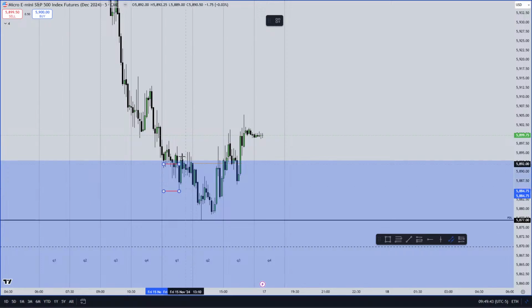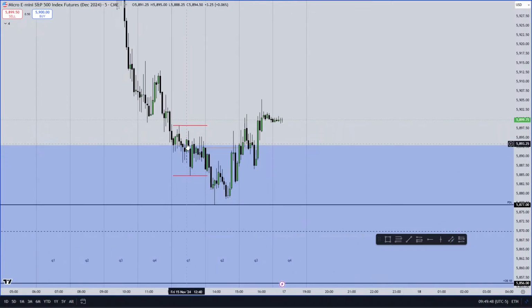This was the accumulation, Q1 of the PM session. We moved lower and found this pin bar. As I told you, we have to look for a bearish pin bar. The price rejected with this order block and found this bearish pin bar.